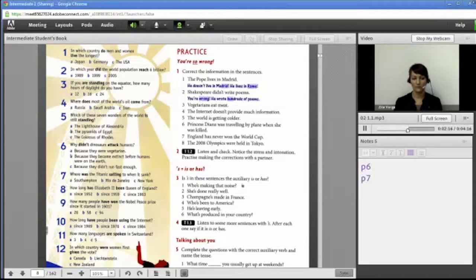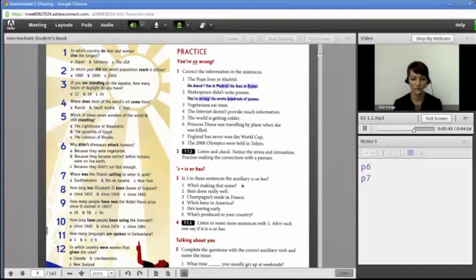The Titanic was sailing to New York from Southampton when it hit an iceberg on April the 14th, 1912. 8. How long has Elizabeth II been Queen of England? Elizabeth II has been Queen of England since 1952. She was on holiday in Kenya when her father, King George VI, died.